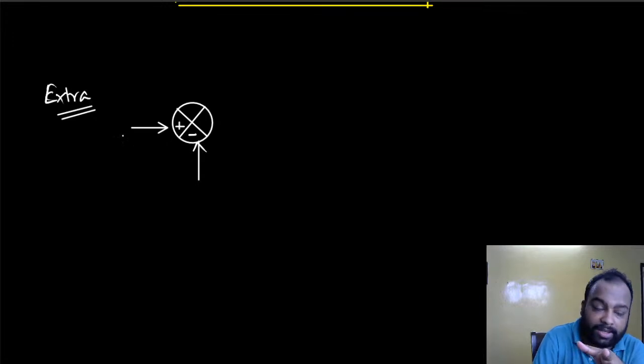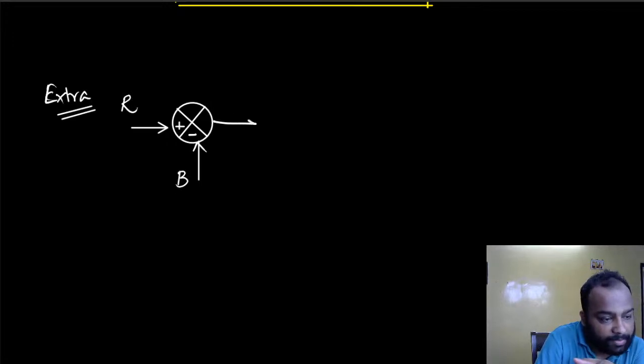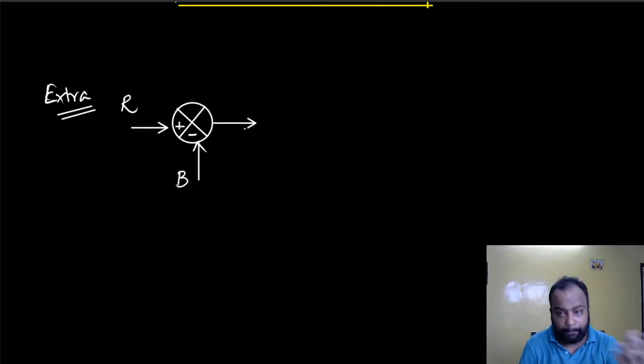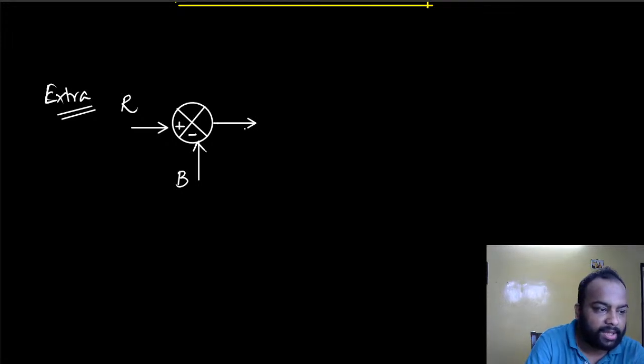So for that particular scenario, this was the reference signal, R, and this was the feedback signal, B, and this was being compared, so to say, right? So the reference signal, what I wanted, was being subtracted from what I had. So the feedback signal that was coming from the sensors was subtracted, right? B was subtracted from R.